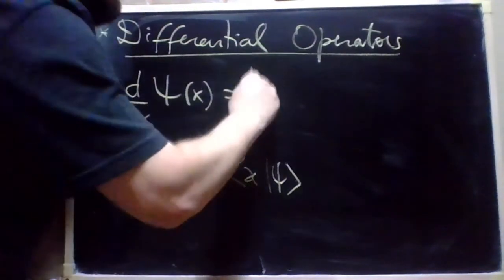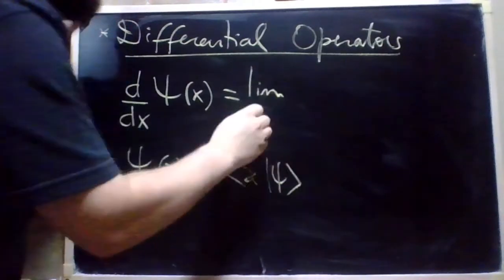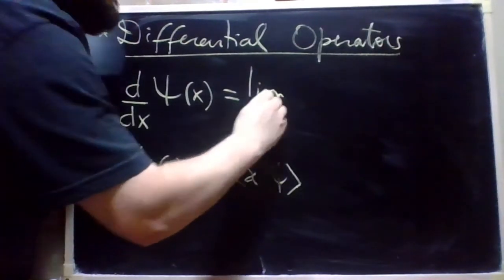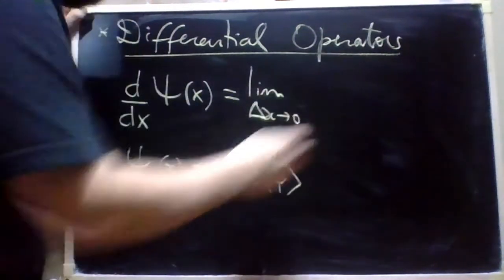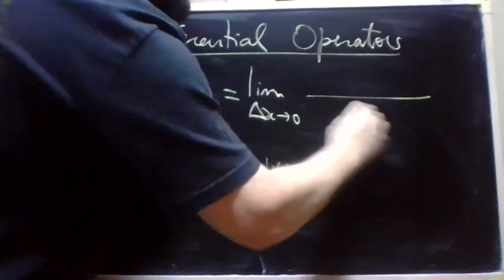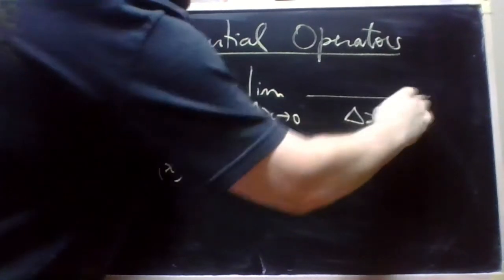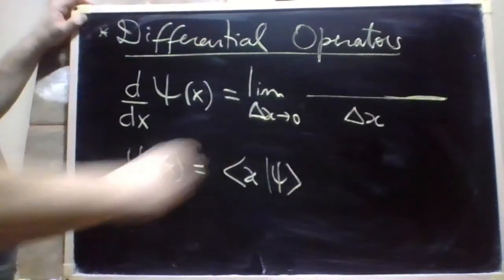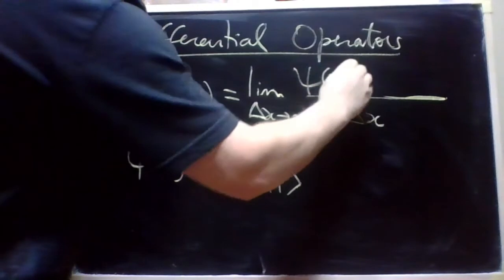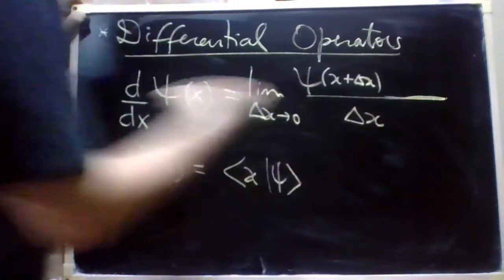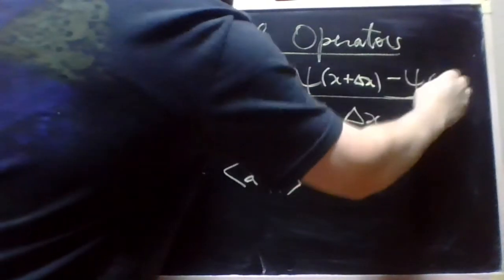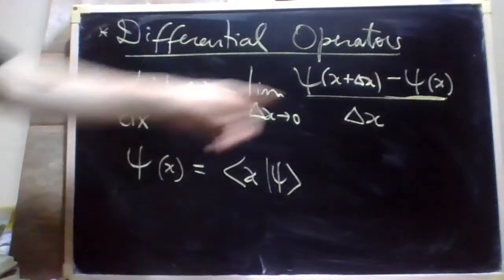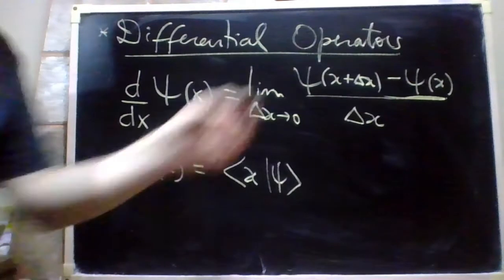So we know it is the limit when delta x goes to 0 for this ratio. It is the function evaluated at some place after, minus the function evaluated at the exact position.